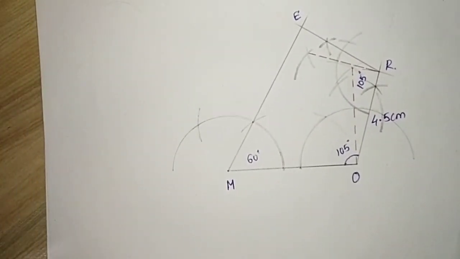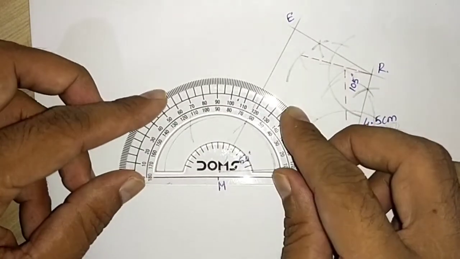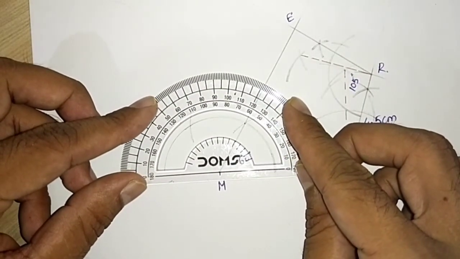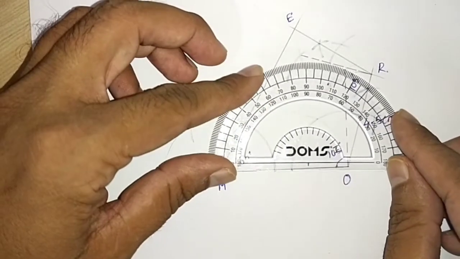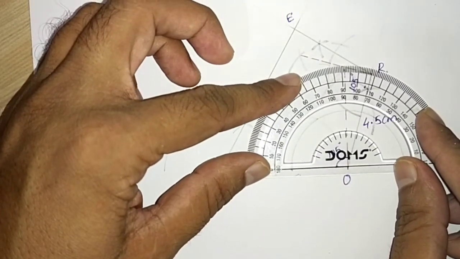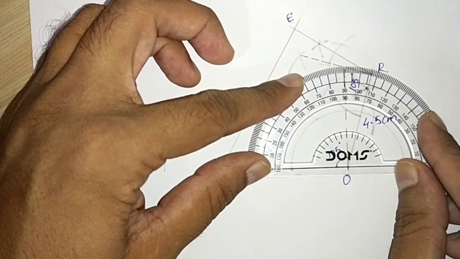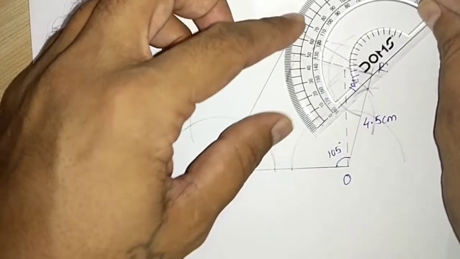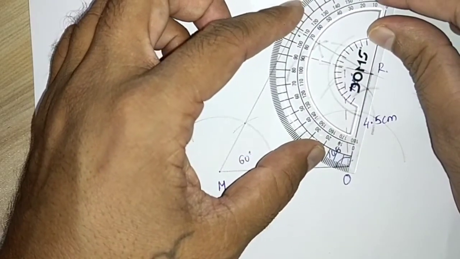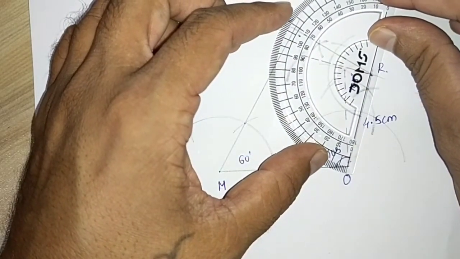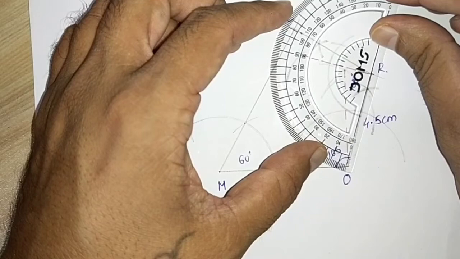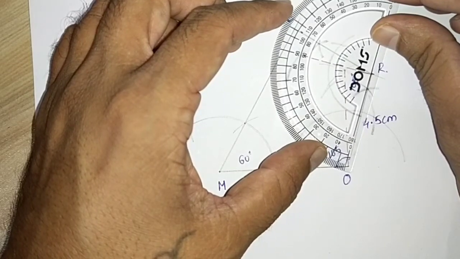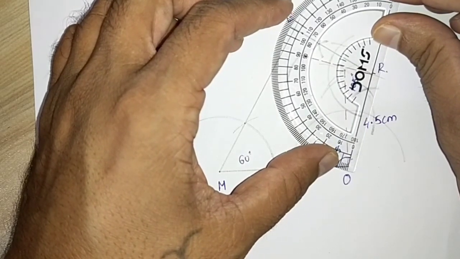You can also measure with the help of a protractor, and at the end of your construction it is exactly 60 degree. Exactly. This is also exactly 105 degree. Let me show you. Yes. Yes, this is exactly 105 degree.